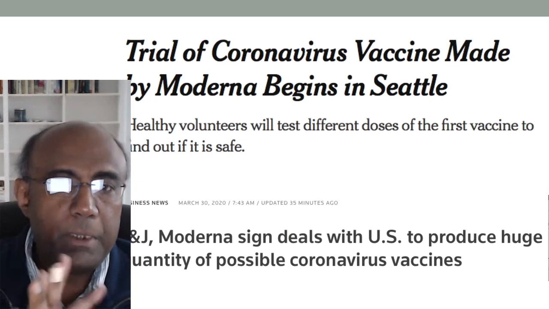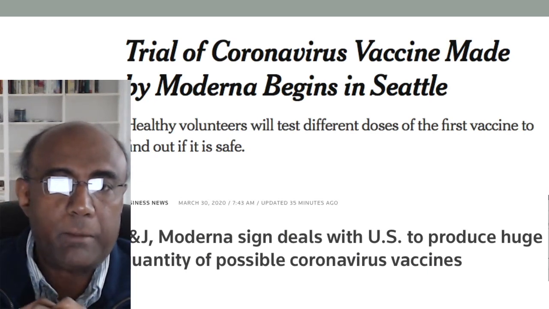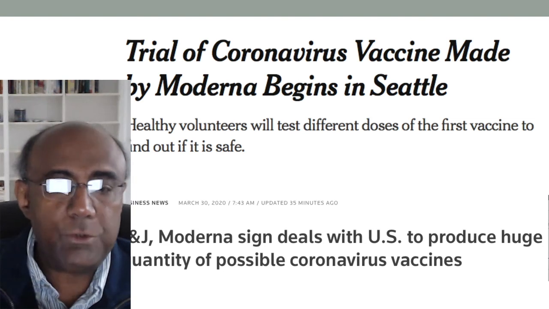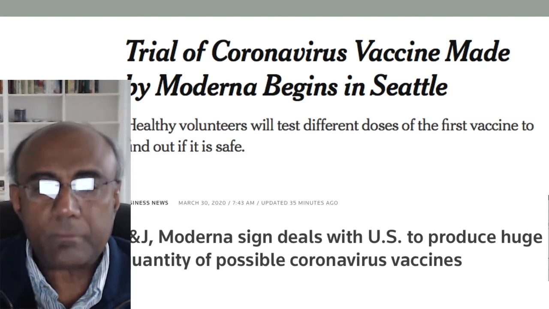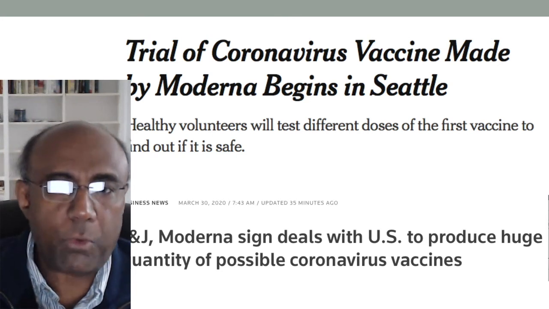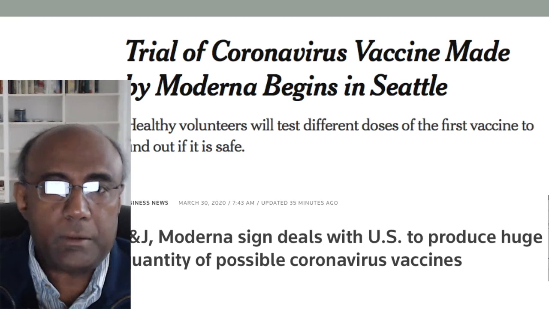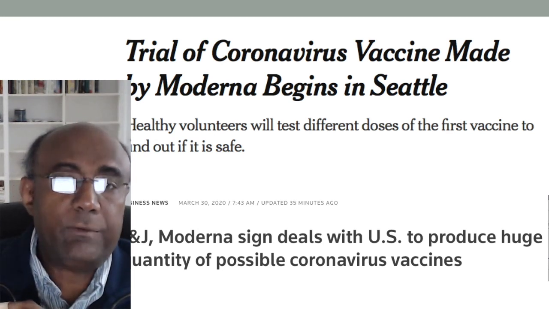So here is the news article that said they had begun testing on this in mid-March, and just on March 30th, Johnson & Johnson and Moderna, the company that is testing this, signed a deal to produce huge quantities of this vaccine, if we can get it beginning in September.